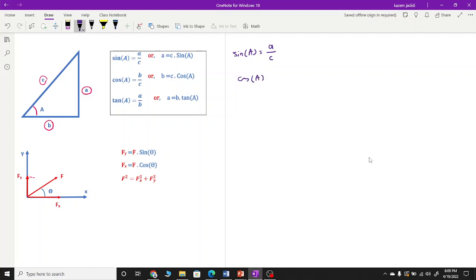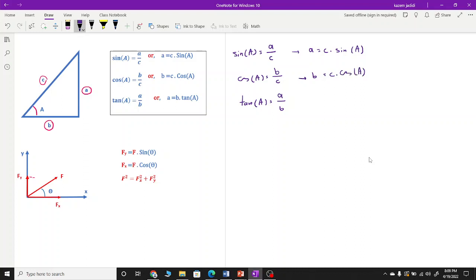Cosine of angle A is the adjacent side, which is B, divided by C. And tangent A is the opposite side divided by the adjacent side. So A is going to be C times sine of angle A, and B is going to be C times cosine of angle A.